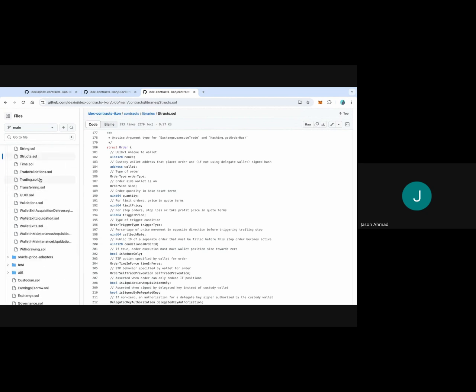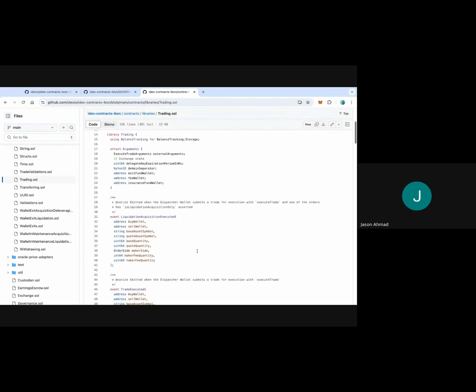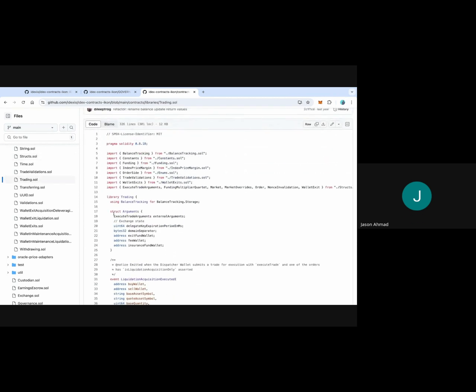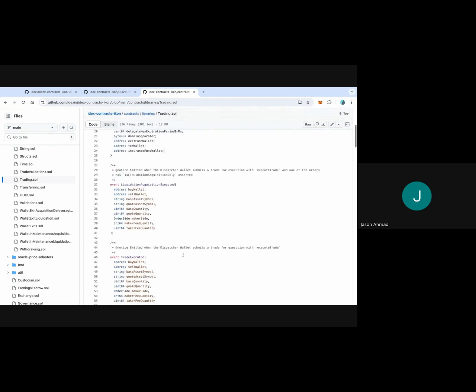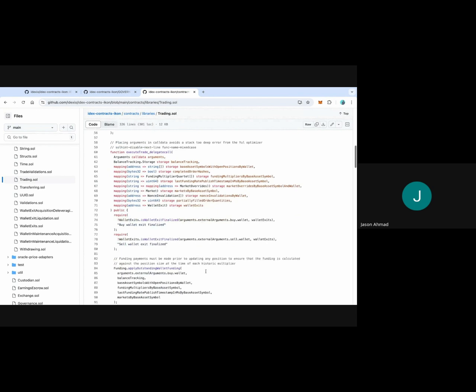So if we take a look at what's happening in trading, again, similar pattern for a lot of the system here. We have structs defining arguments that are quite complex. We have a few events that are associated with trading. And then we have the primary execute trade delegate call, which is the entry point to this functionality.